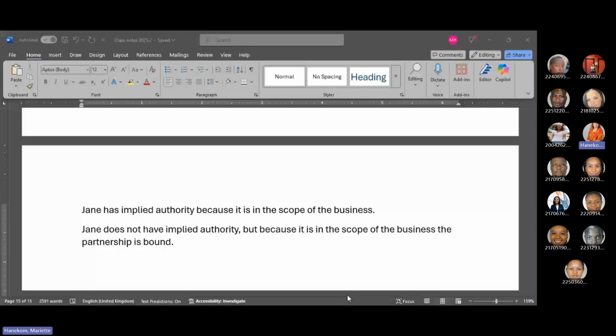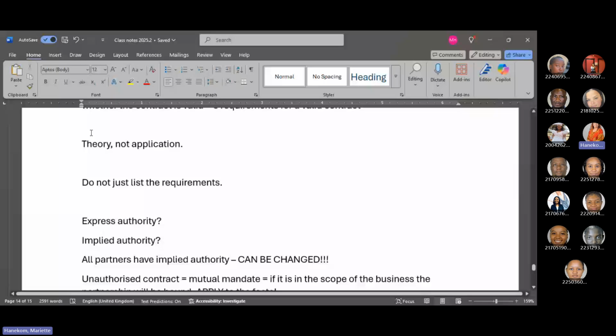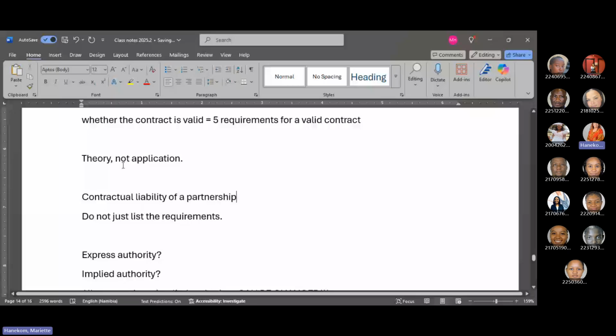Let's give you this one. I need an answer to this. We started off here. Okay, this is actually different. Let's just put a heading in here for us: Contractual liability of a partnership.